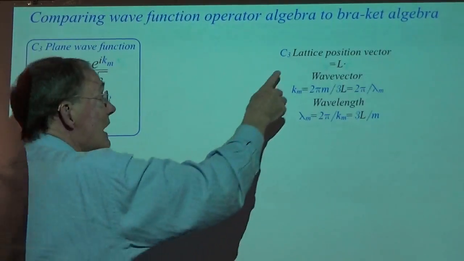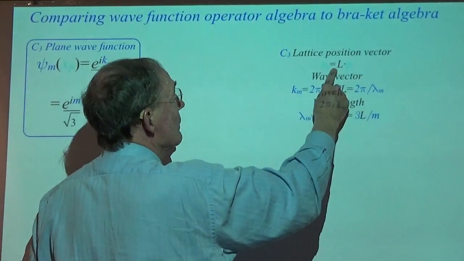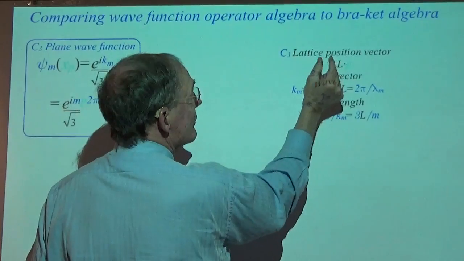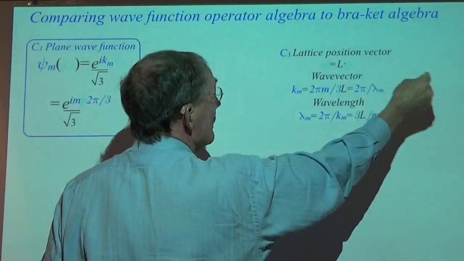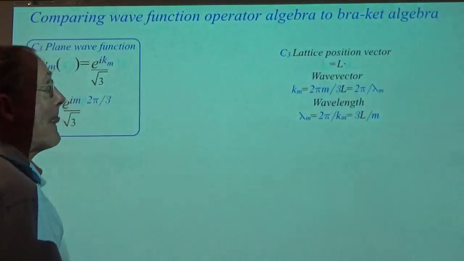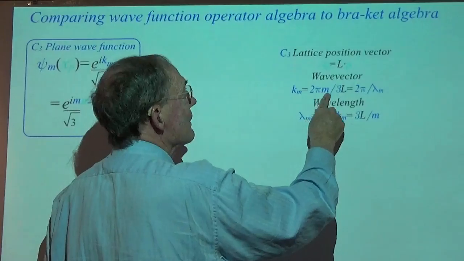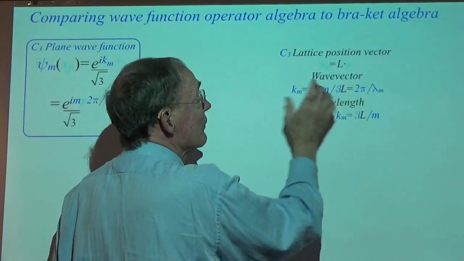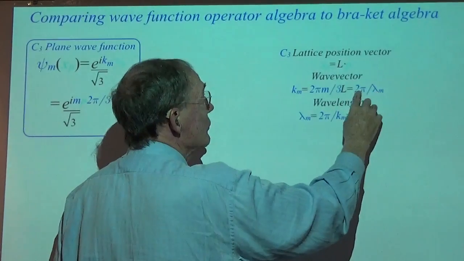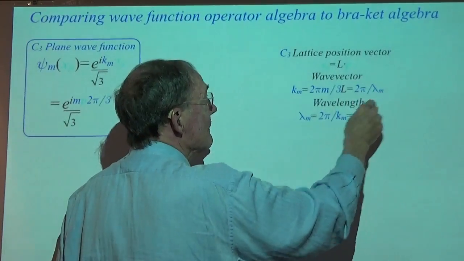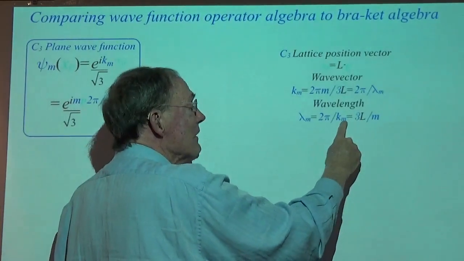So we have lattice position vectors xp equal some length, the lattice spacing, times p, however many points you've got. And we have a wave vector, that's 2 pi times the momentum over 3, that's the whole lattice. Well, that becomes 2 pi over lambda m. The wavelength lambda m is 2 pi over k, you should probably remember that formula.